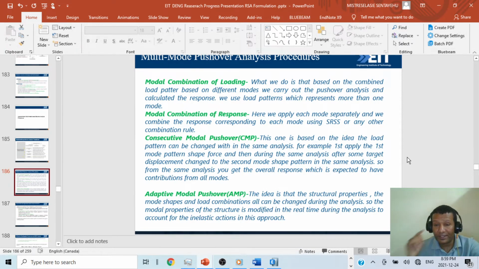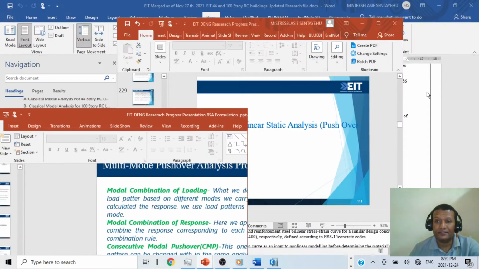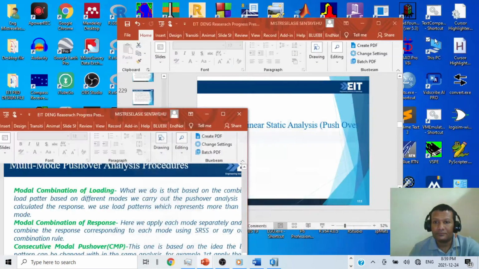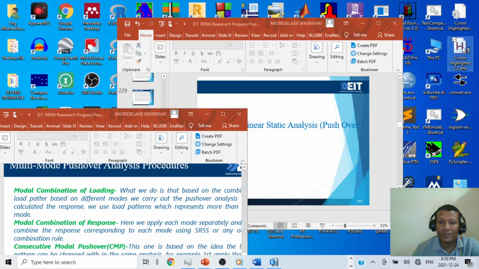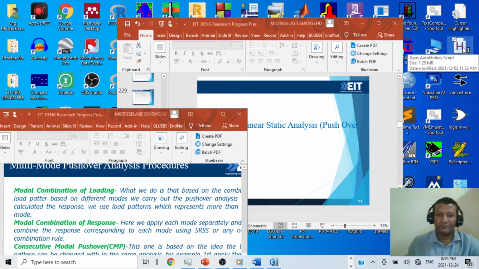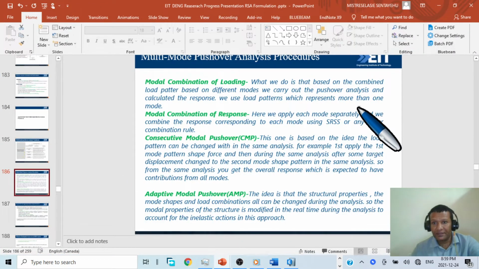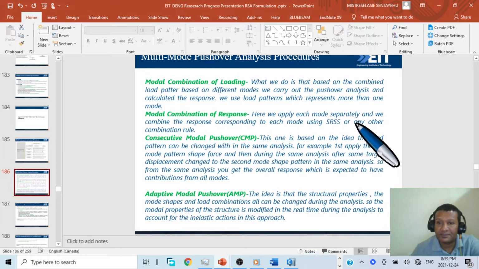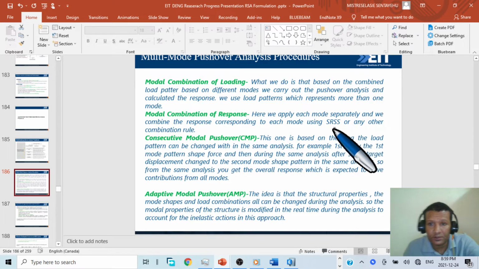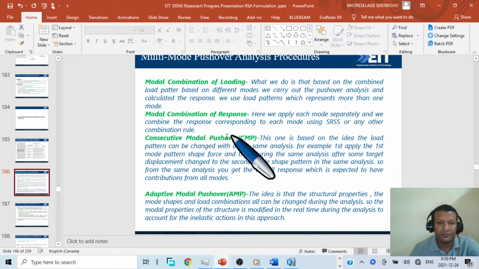So what we are doing here is simply applying the loads for the modes separately: mode 1 load first, then mode 2, mode 3 and mode 4 separately, and we use a combination rule, CQC or SRSS or another, to find the response.